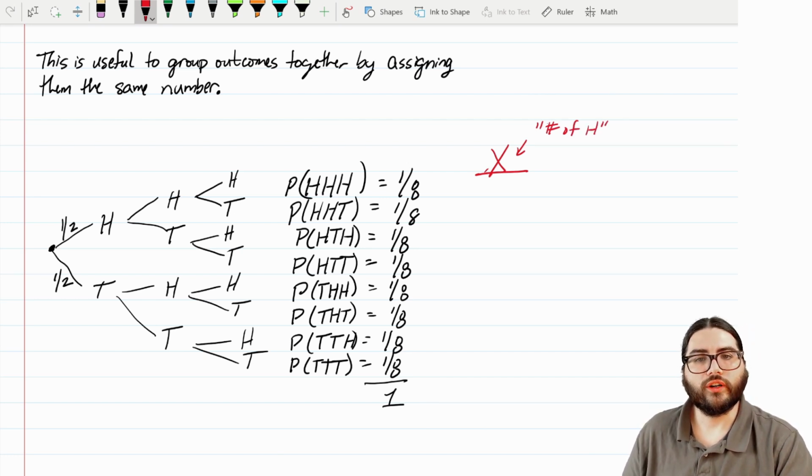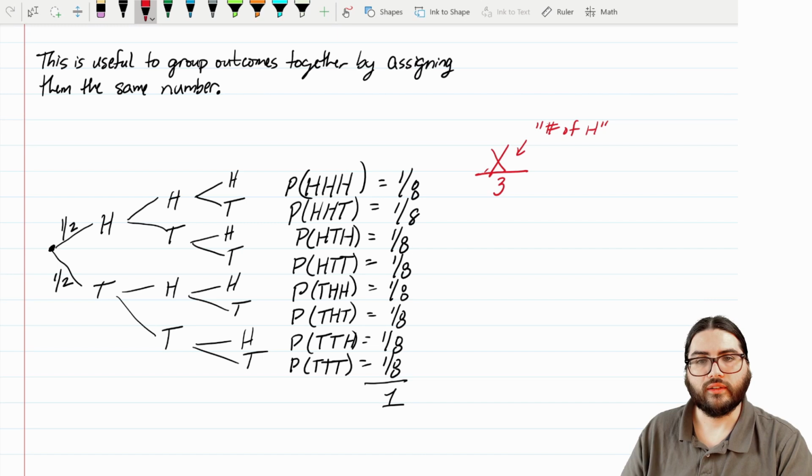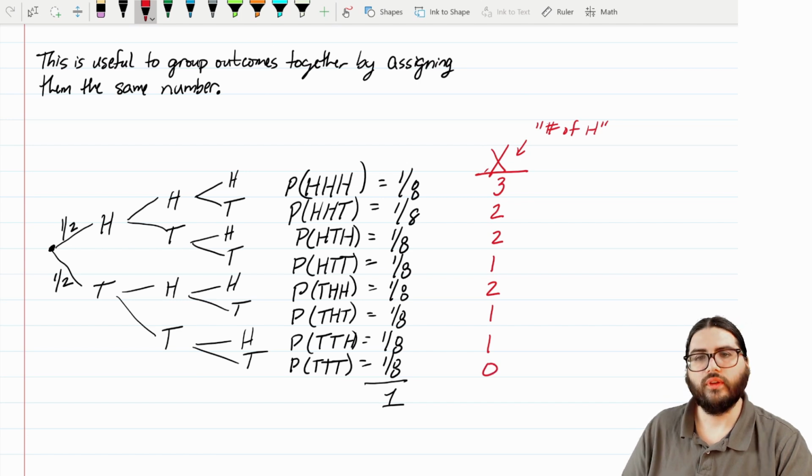So in this first outcome, heads, heads, heads, the random variable X would assign the number 3. There are 3 heads. And so forth down the line, 2, 2, 1, 2, 1, 1, 0. So this is the random variable called X.